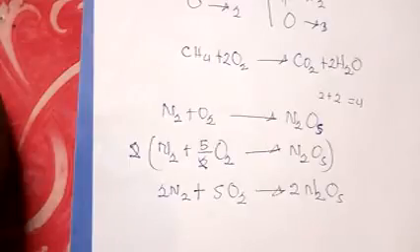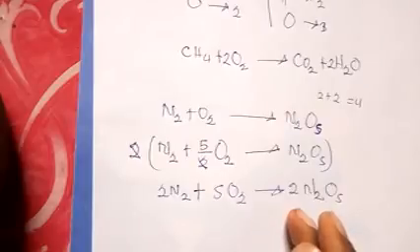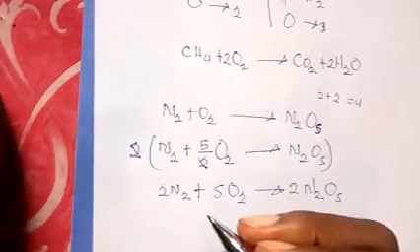In balancing ionic equations, this is not the only kind of equation you will meet in your life. One day you may meet an ionic equation that you want to balance.